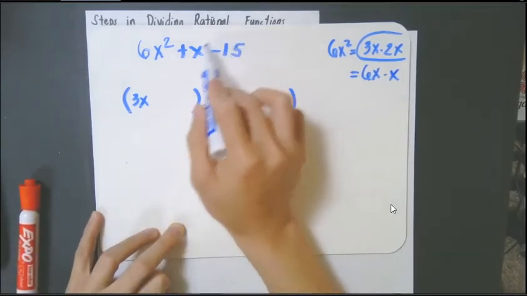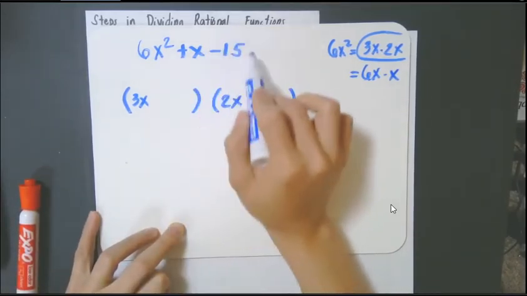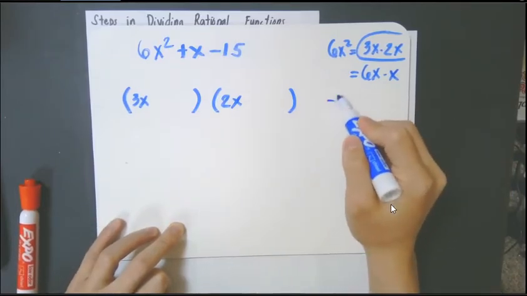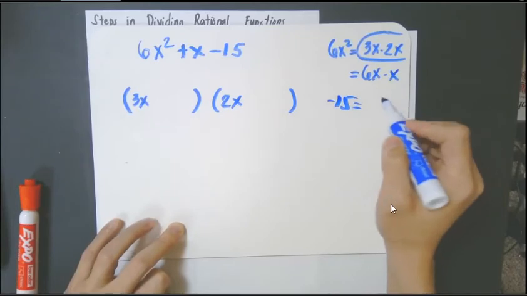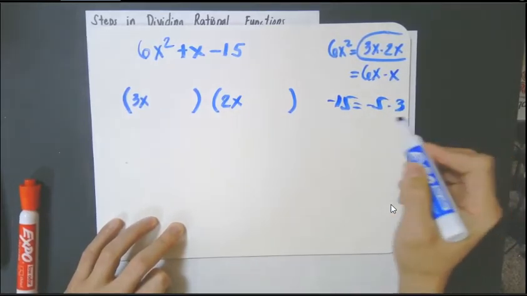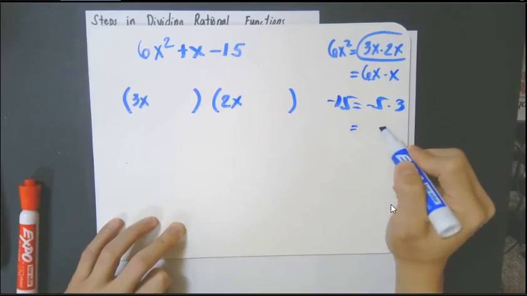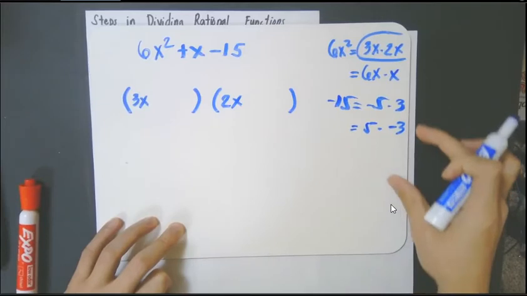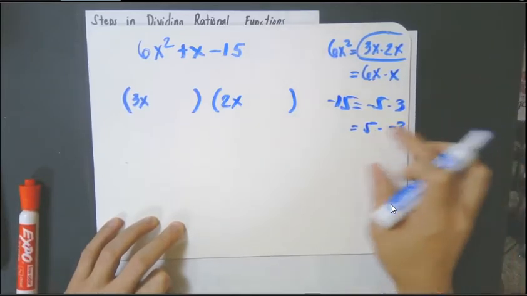Now let me factor negative 15. The factors of negative 15 are negative 5 times positive 3, or the opposite, 5 times negative 3. So we will be trying these two pairs.